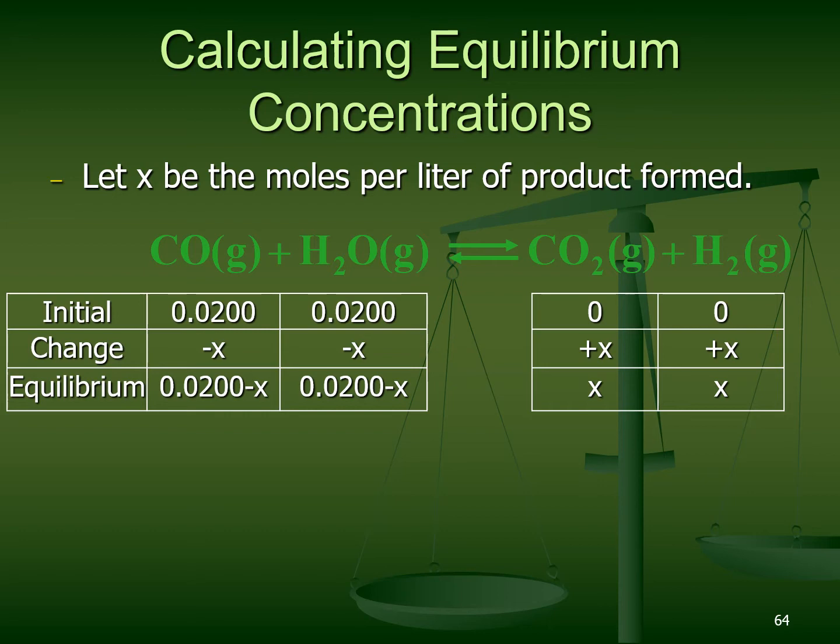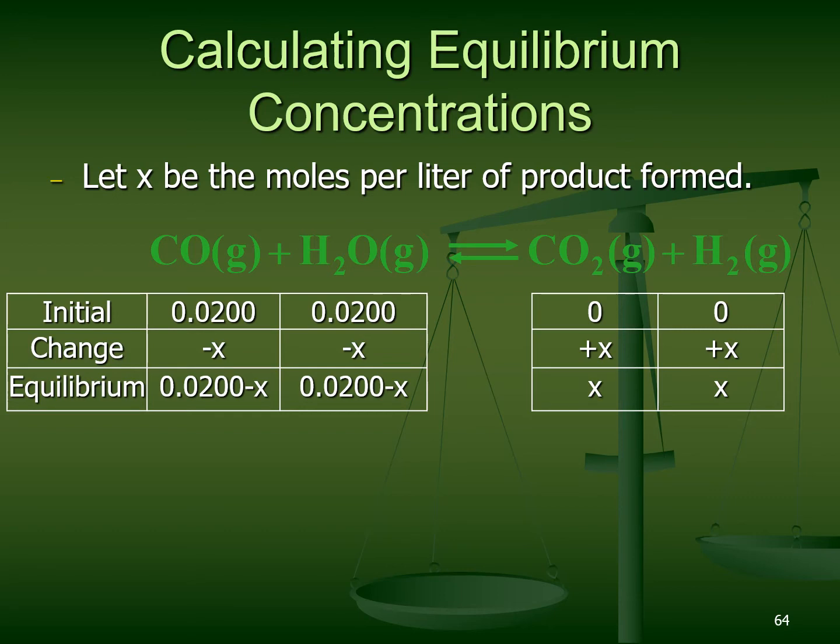We don't know how many we're going to lose or gain, but we'll call that amount X. So if we lose X amount of CO, we're also going to lose X amount of H2O. It means we're also going to gain X amount of CO2 and X amount of H2. The change is always how things are going to shift, and it's always related by stoichiometry.